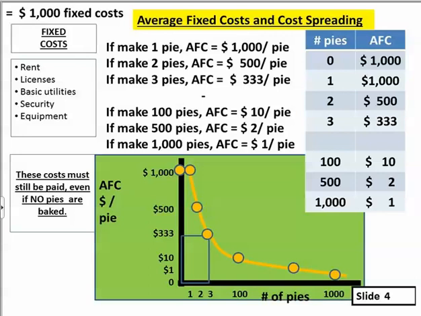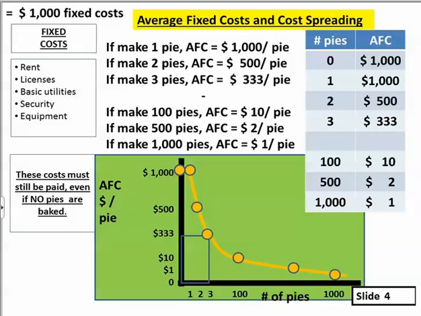Okay? So we looked at or defined some costs. We defined average fixed cost because you're taking that fixed cost, whatever it was that you got to pay whether you produce anything or not, and you're spreading that over however many units you produce. As you produce more and more of that thing, each one will bear a smaller and smaller proportion of that fixed cost.